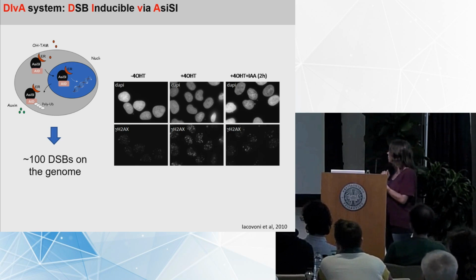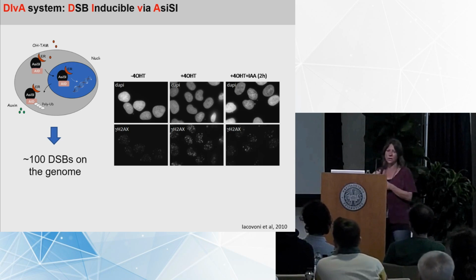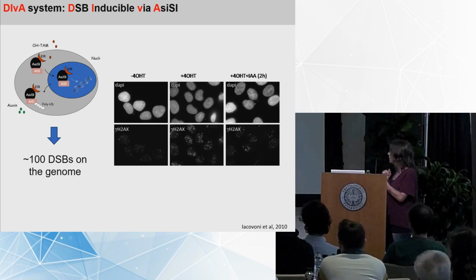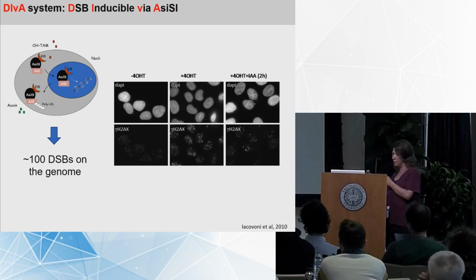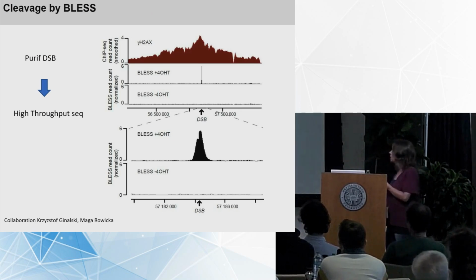To do that, we use a restriction enzyme called AsiSI, which is fused to the ligand binding domain of the estrogen receptor. When we add hydroxytamoxifen, the enzyme goes in the nucleus and is able to target about 100 sites, inducing 100 DSBs on the human genome. That enzyme is also fused to an auxin-inducible degron, so when we add auxin, we degrade the enzyme, and the DSBs can get repaired.